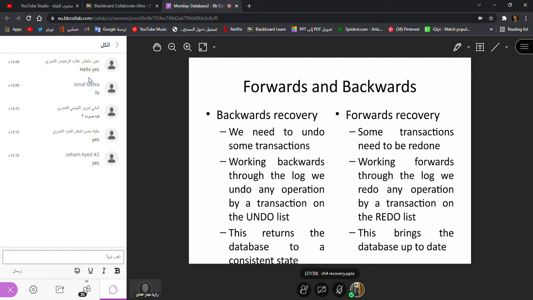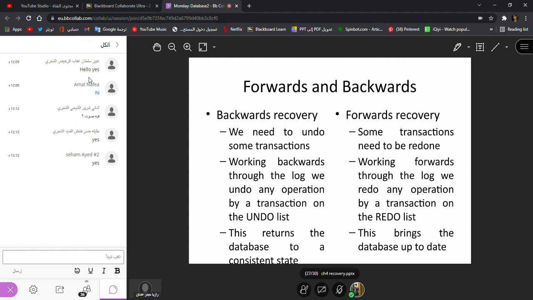So in this way, you will move on like this. This is your log, and you will move in this direction, the forward direction. You will start reading this way, and whatever change you find in the log, you will apply that on the database. And this will bring your database to an up-to-date position. This is important to understand.